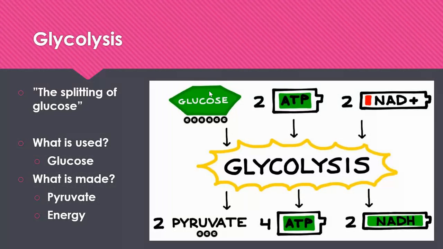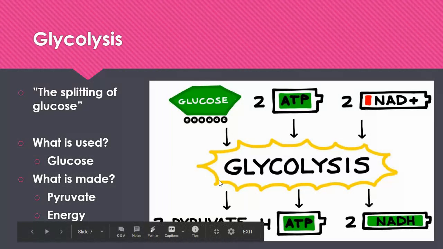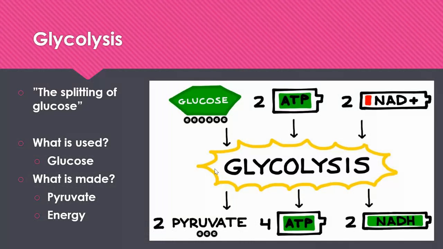And this, again, remember, is taking place in the cytoplasm of your cell. So we're not yet in the mitochondria. This is in the cytoplasm of your cell. This glucose goes through the process of glycolysis. And glycolysis causes the glucose to be broken into 2 little small molecules that are called pyruvate.